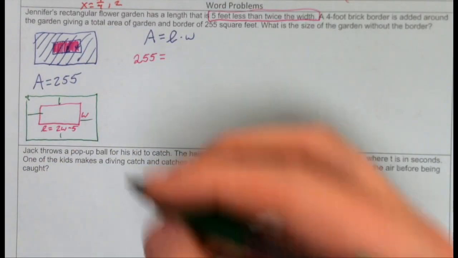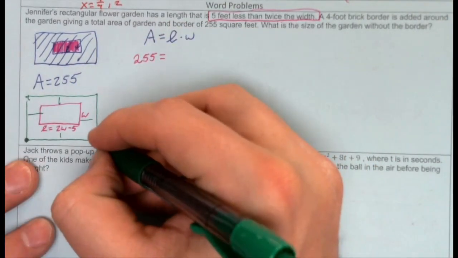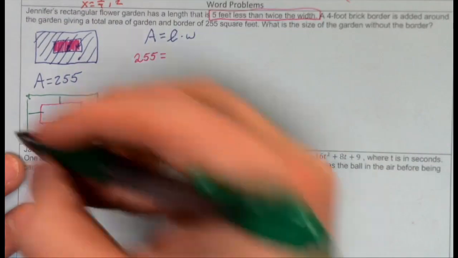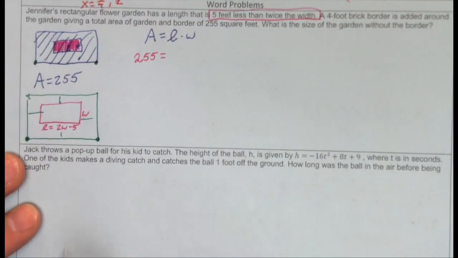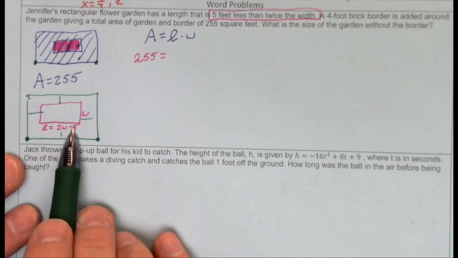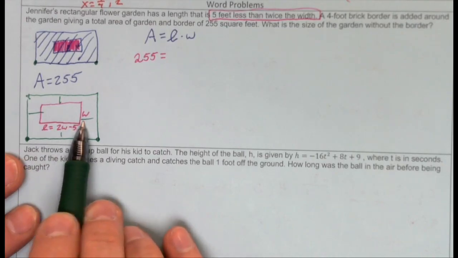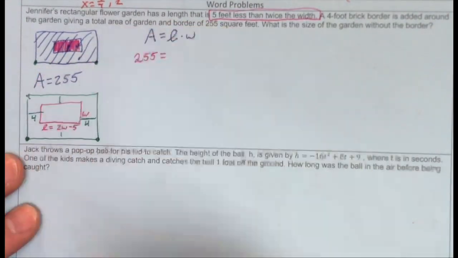So what we really need is the distance from this bottom left corner to the bottom right corner. This entire distance of garden and border. Well, we know the pink line is 2W minus 5. We know that this green line is 4. This green line is 4.